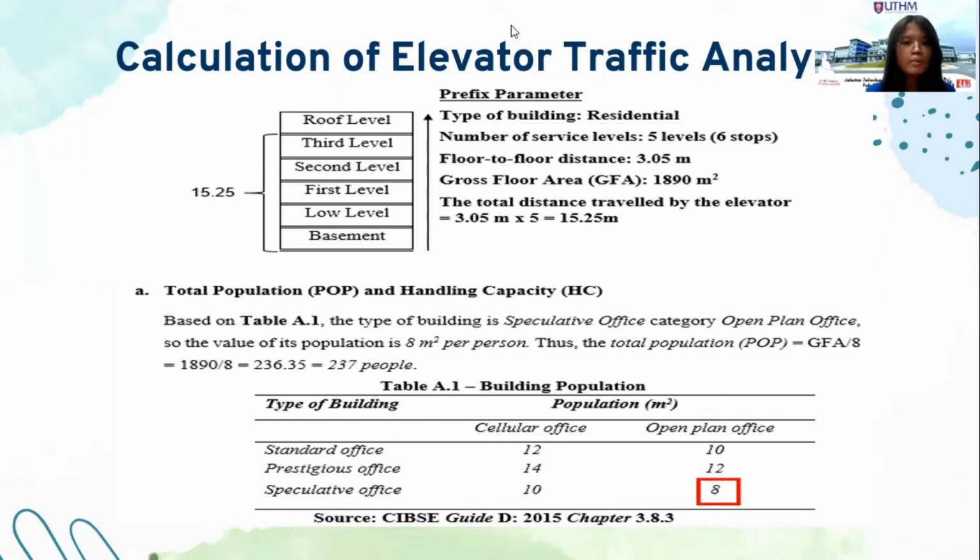However, for the total population, the building is in the speculative office category of open plan office, so the population is 8 square meters per person. Thus, the total population is 237 people.